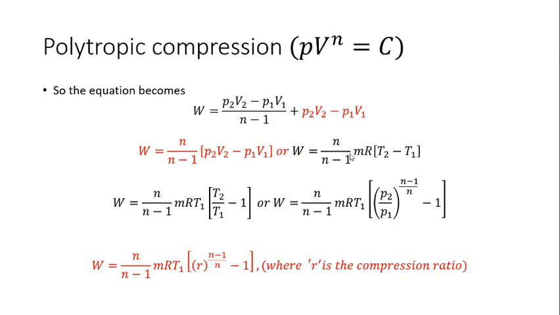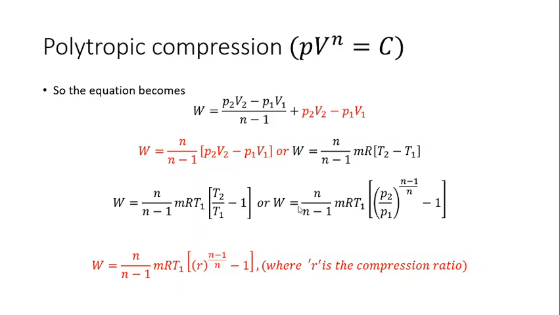And in terms of the characteristic gas constant, W is equal to N by N minus 1 into, PV is equal to MRT. So MR is common for P2 V2 and P1 V1. MR into T2 minus T1. Now, if you take this T1 outside, then we will get W is equal to N by N minus 1 MR T1 into T2 by T1 minus 1.